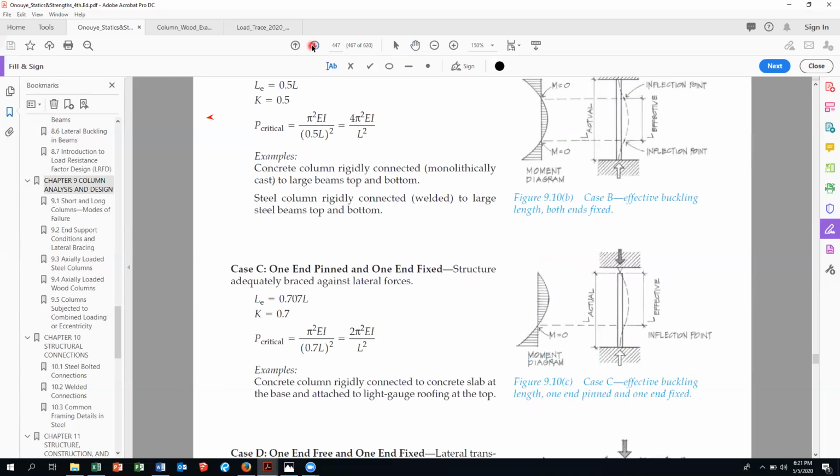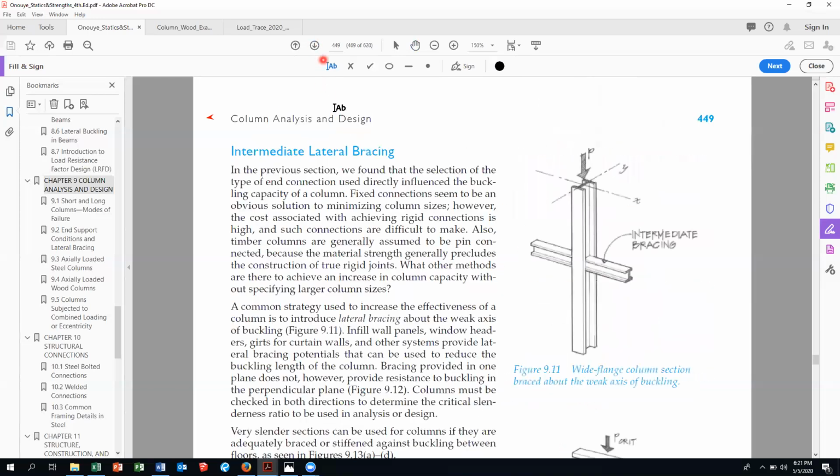Eventually, you'll get into intermediate lateral bracing, right? What you've done by this intermediate lateral bracing is you have now, even though the column, say, is 20 feet, and you're bracing it at 10 feet, you've changed the effective column length based on bracing. And think of a yardstick.